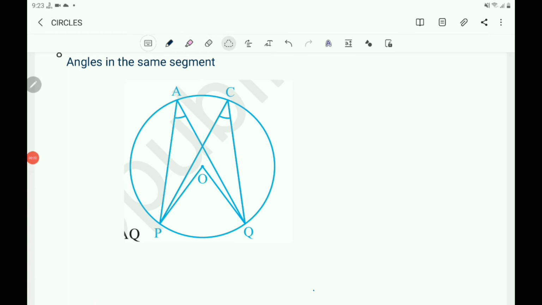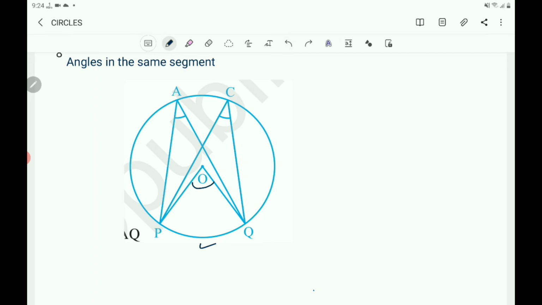Then what about the angles in the same segment? Now you consider the arc PQ. PQ is an arc and angle POQ is the angle at the center, and A and C are the points on the other part of the circle, other than the center. And here you can have angle at A and angle at C, made by the same arc PQ.